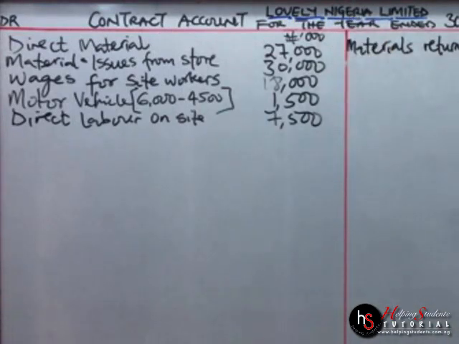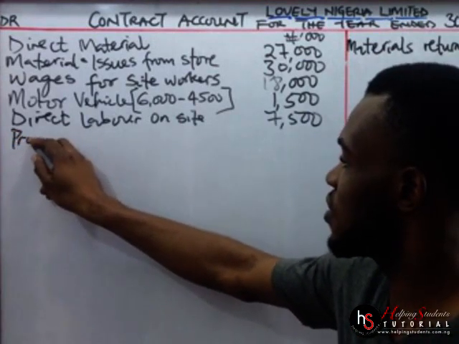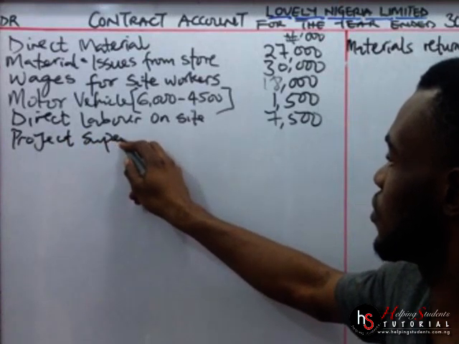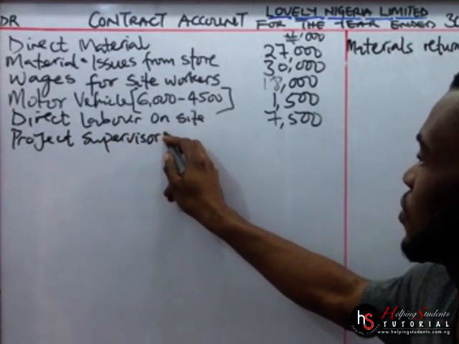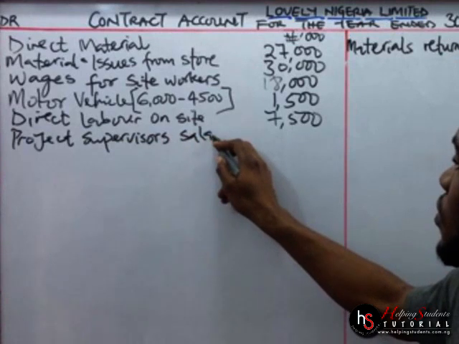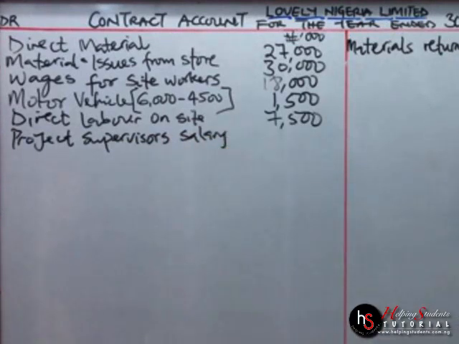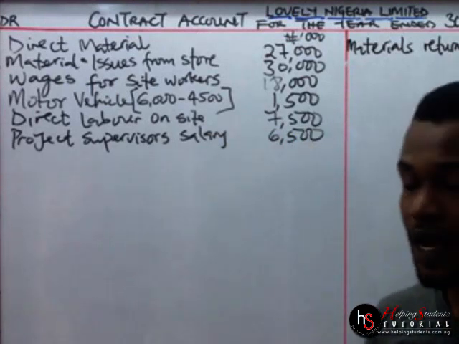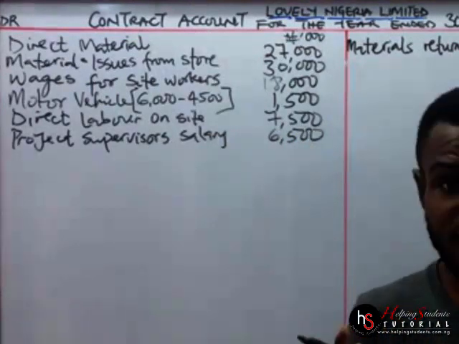The next thing is the project supervisor's salary. Project supervisor's salary. And it is how much? 6,500. All we are actually doing here, so don't get it confused.